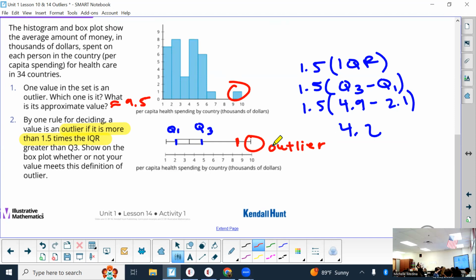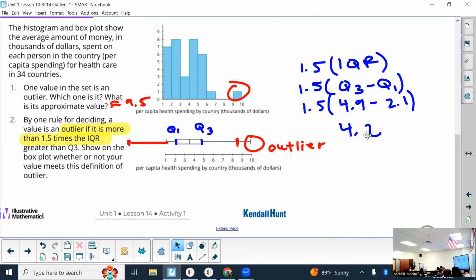If I check to the left of quartile 1, going 1, 2, 3, 4 approximately, is this value that's over here an outlier? No, because it's not past that 4.2 threshold. Does that make sense?